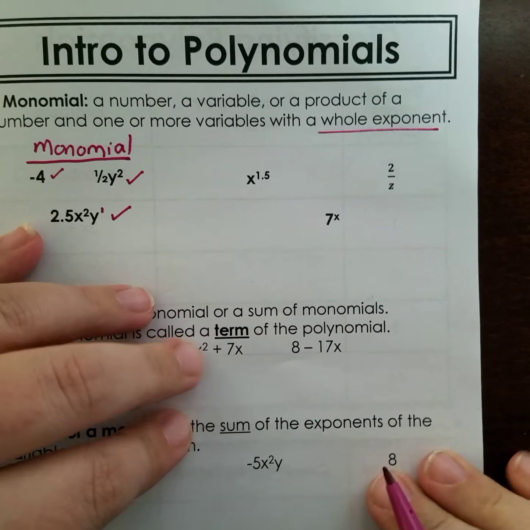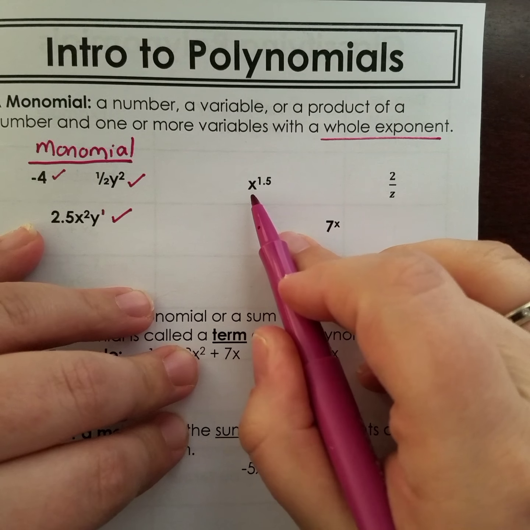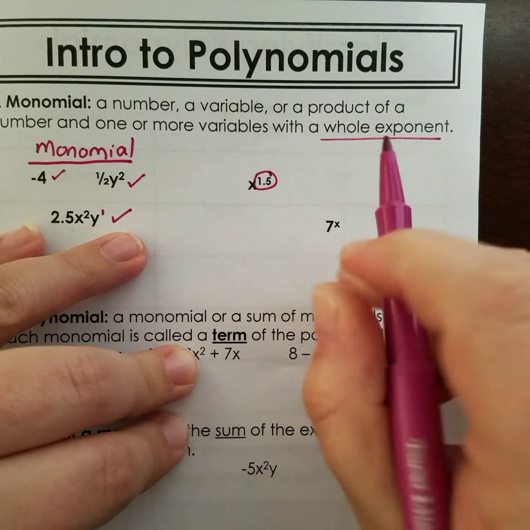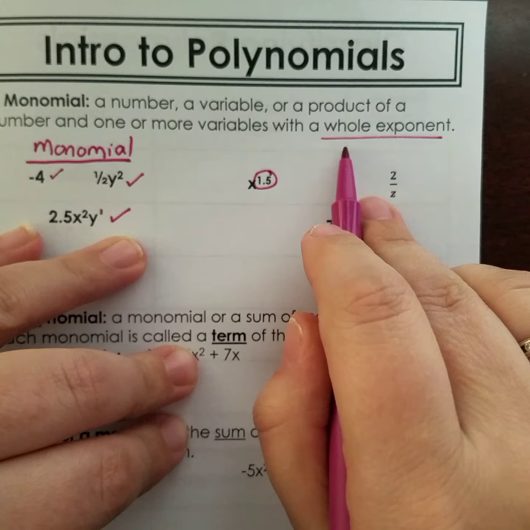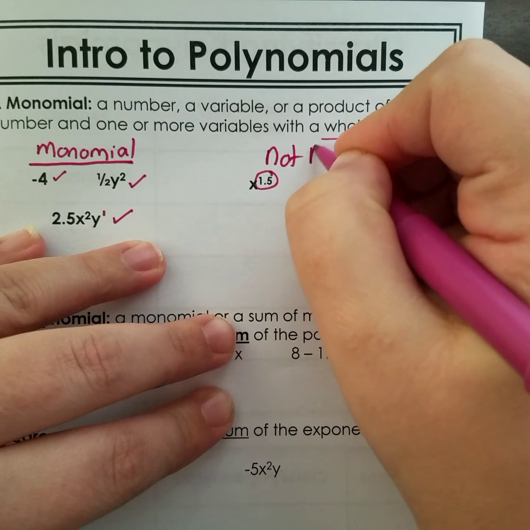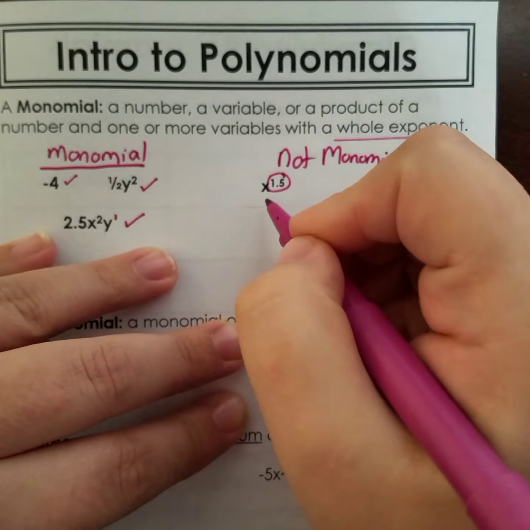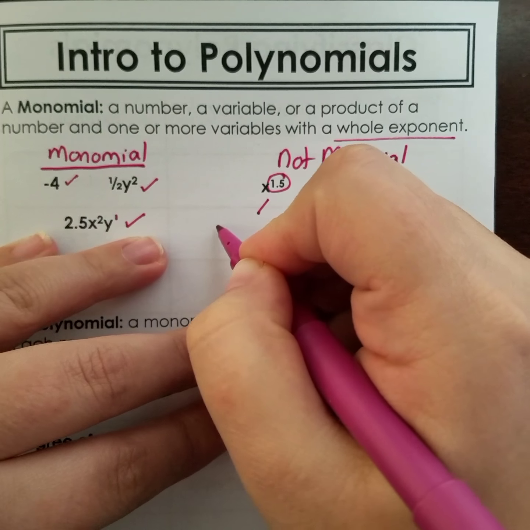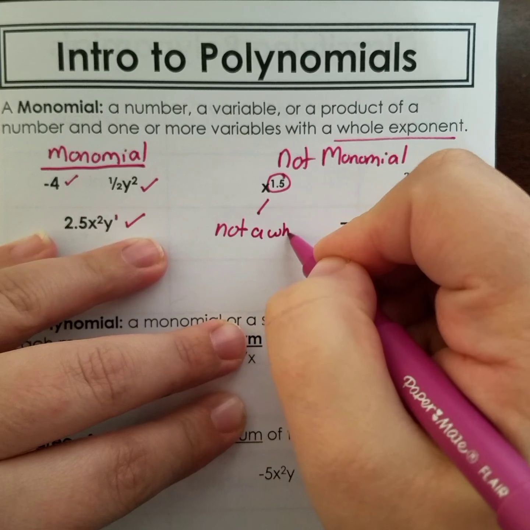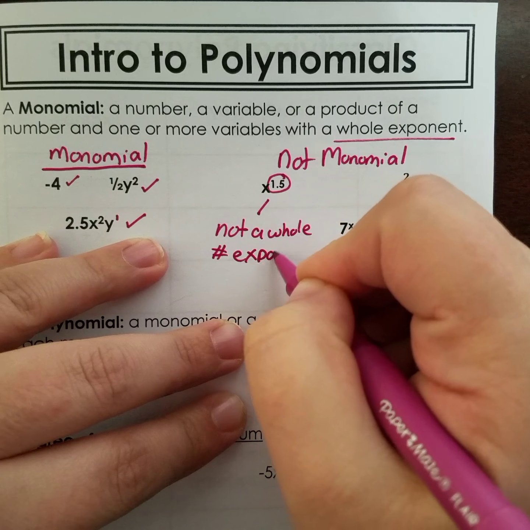All right, looking over here. So what might be wrong here? This is x raised to the 1.5. Well, 1.5 is not a whole number. So this is not a monomial. Not a monomial, because it has a decimal, not a whole number exponent.